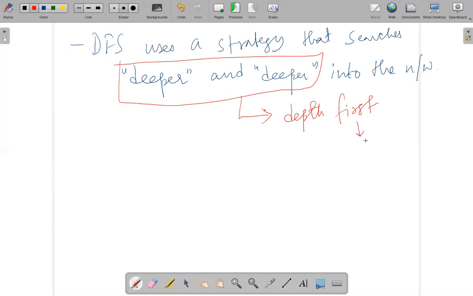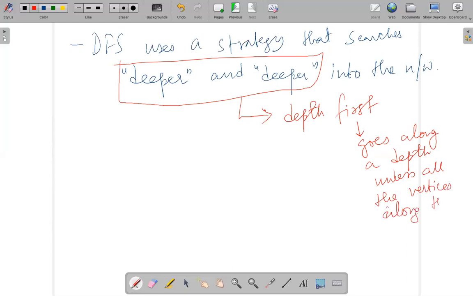Okay, so it goes along a depth unless all the vertices along that depth have already been visited.